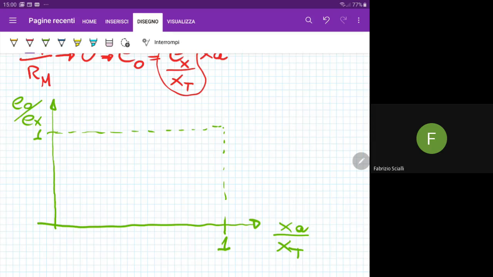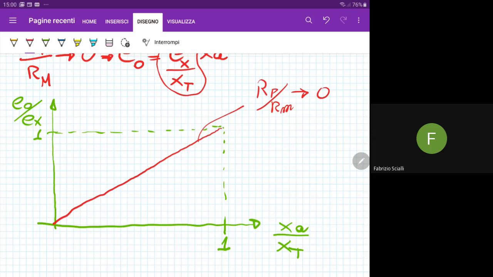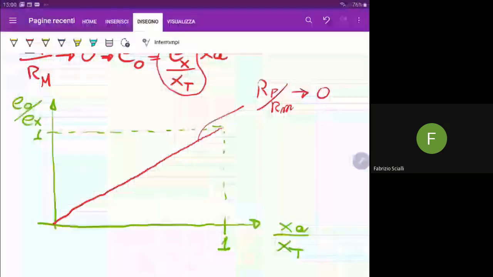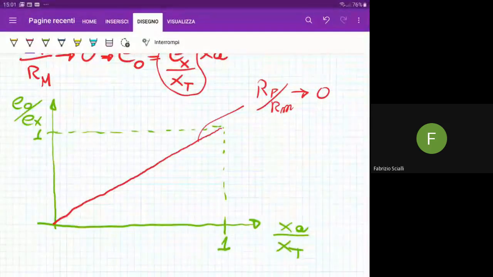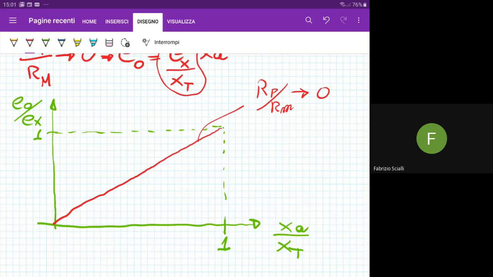What we have is a straight line, and that is the case where R_P over R_M is going to 0, the ideal case. Then, in the case in which R_M, the resistance of the measuring device, is not that large with respect to the potentiometer resistance, then we have a different curve. Let me change colors.